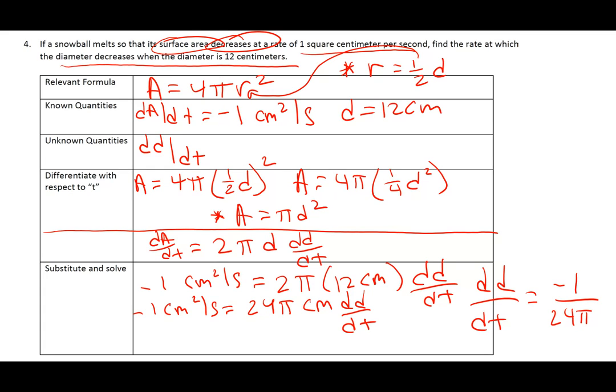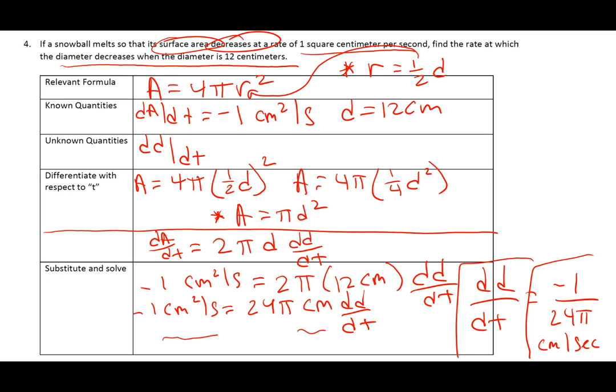And again, if you divide centimeters squared per second by centimeters, you're going to get your unit, which would just be centimeters per second. So dD/dt is equal to negative 1 over 24 pi centimeters per second.